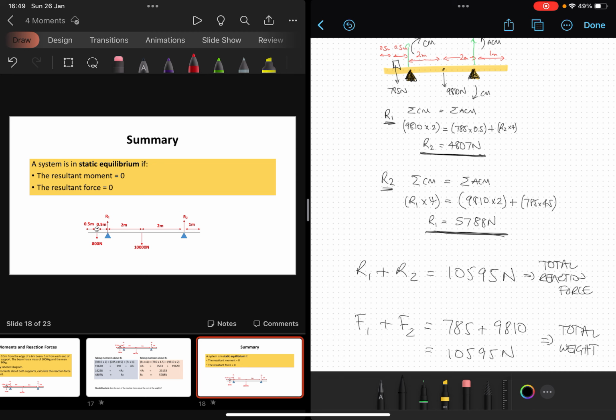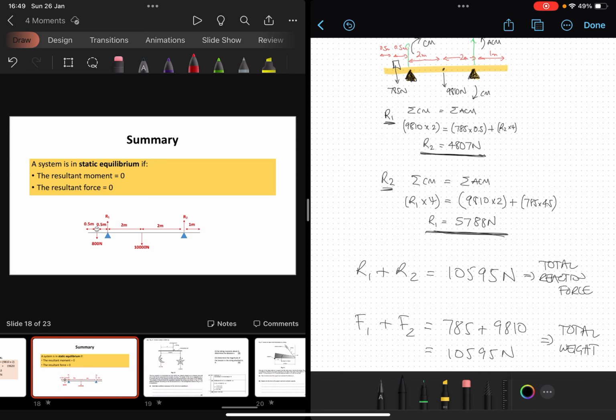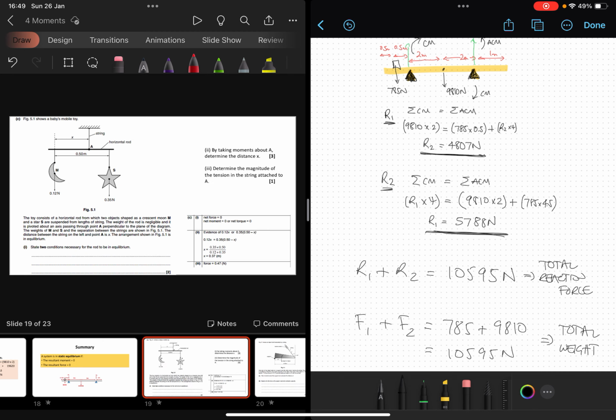Okay. Before we finish, let's have a little look at some kind of typical exam questions then. So if we begin with this one, this is one of your more straightforward questions. The thing to just be careful about is defining that distance from the pivot. So the object, the moon on the left, the distance is x.